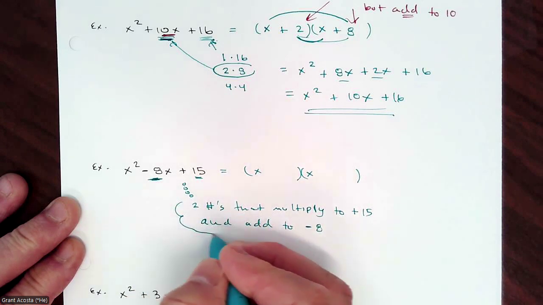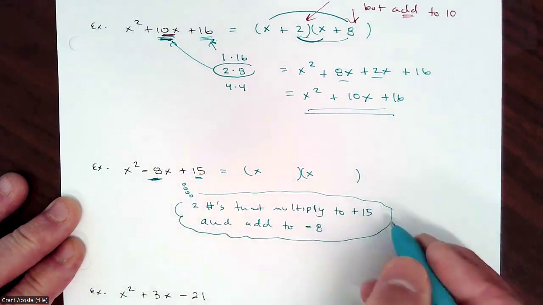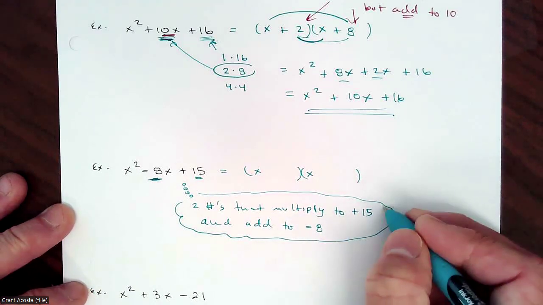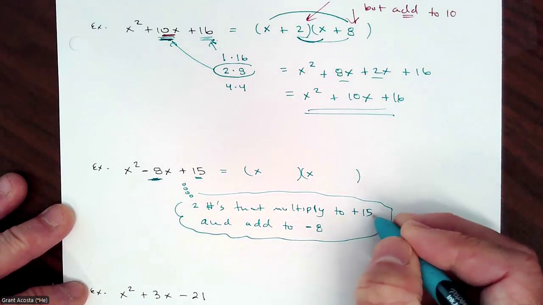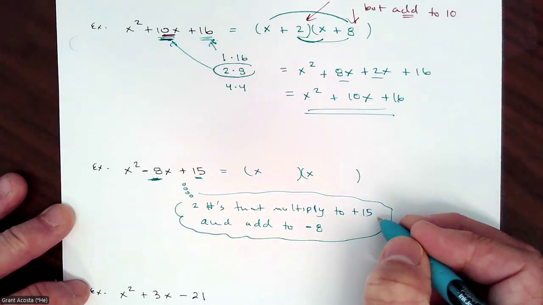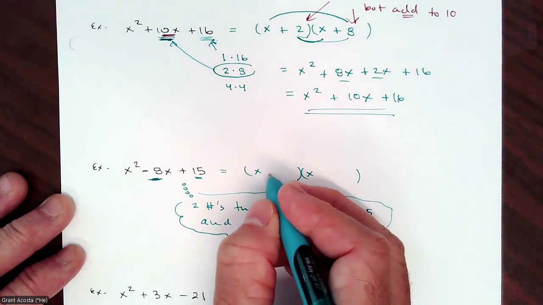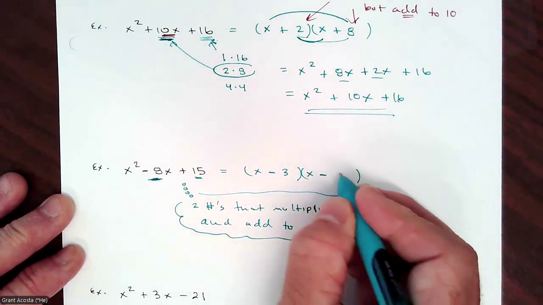That's what I'm looking for when I'm factoring here. So if you think about it, 15, if it's going to add to negative 8, then I have to be thinking about negative numbers, and negative 3 times negative 5 multiplies to positive 15, but adds to negative 8. So it's going to be x minus 3, x minus 5.